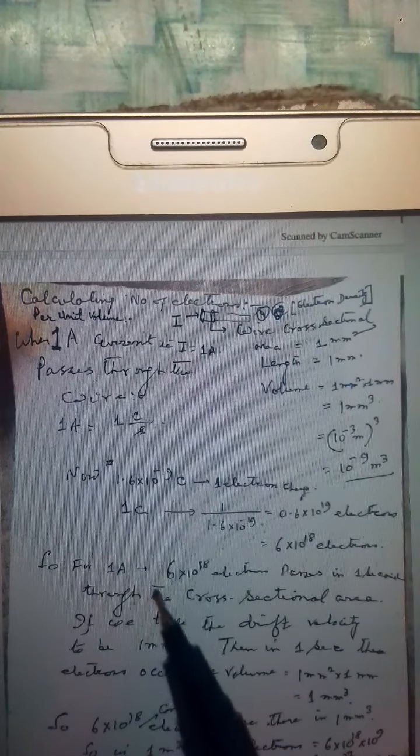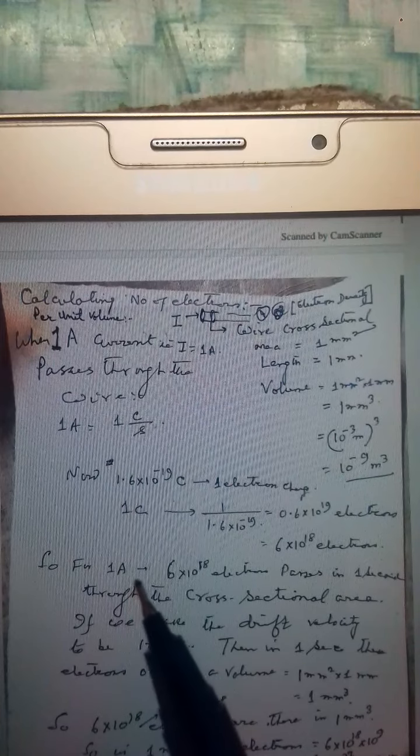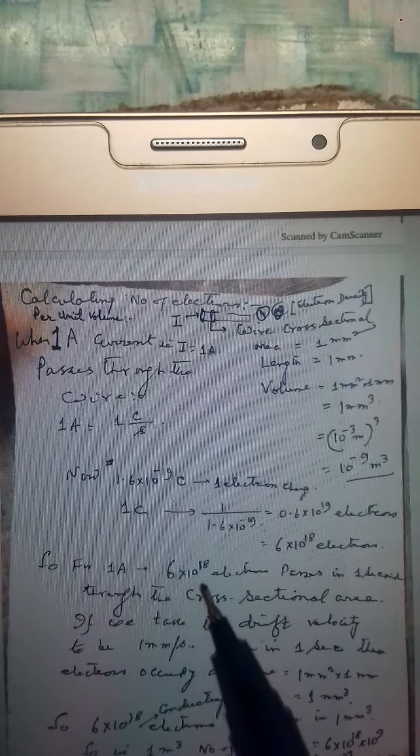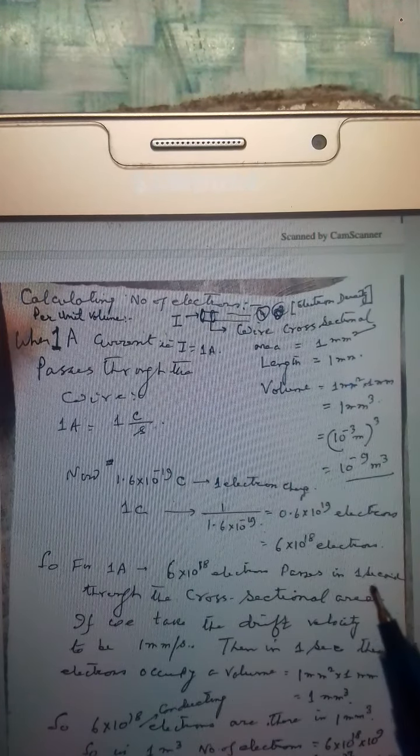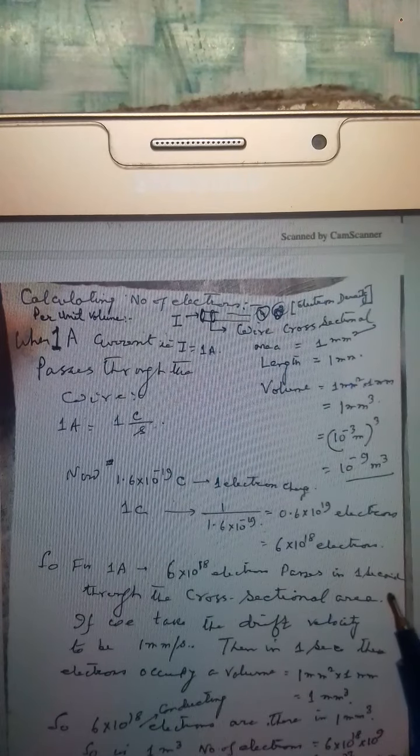For 1 ampere current flowing through a conducting wire, 6 into 10 to the power 18 electrons pass in 1 second through the cross-sectional area.